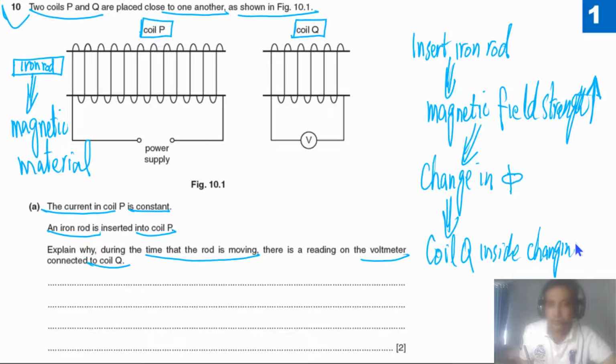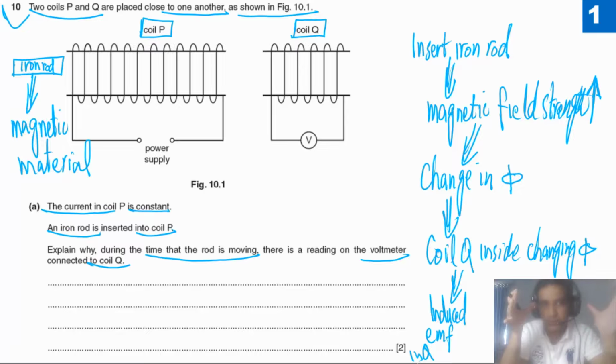So there will be an induced EMF. We will say there will be an induced EMF in Q.